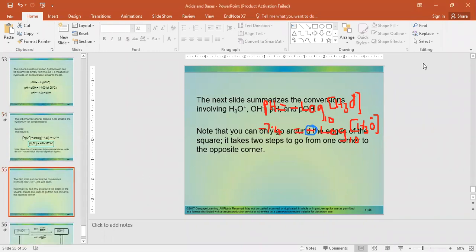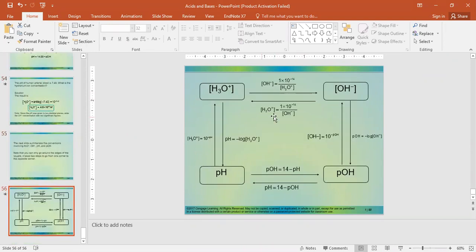You can see we just look at the interconversions. This slide shows the interconversions. When you have the hydronium ion and you want to get the hydroxyl ion, you take 10 to the power minus 14 divided by what you are given.